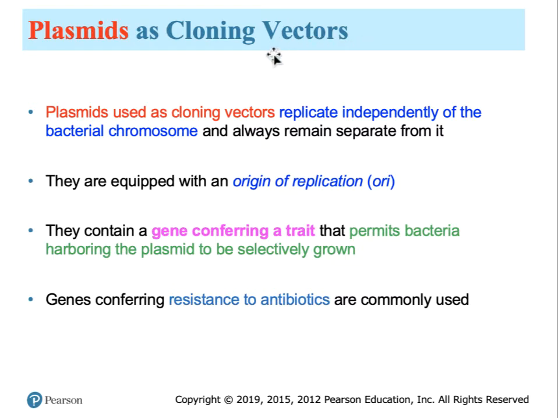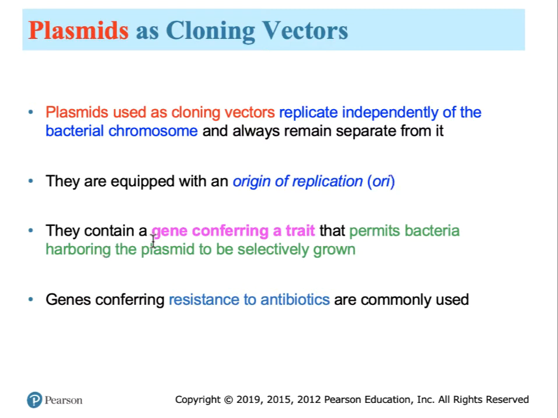So a mosquito would be a vector for malaria because it moves the malaria parasite into your body. And in this case, plasmids are vectors because they help us move our DNA fragments into the bacterial cell. The plasmids are able to replicate independently of the bacterial chromosome. So they can always maintain themselves as separate entities because they're equipped with an origin of replication, an ORI.